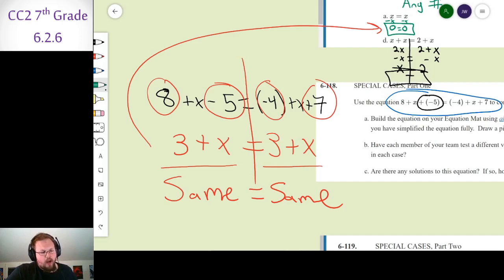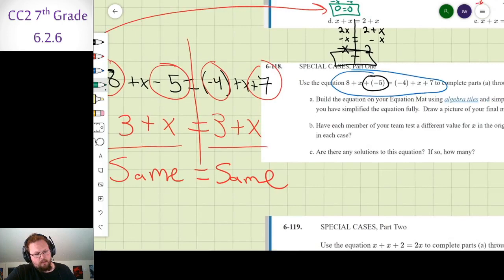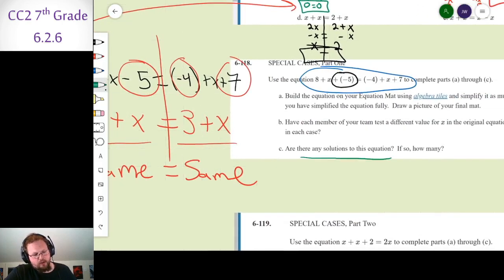The question says, are there any solutions to this equation? There are 2 ways to write this. The most correct way that I like to say is that the answer is all real numbers.